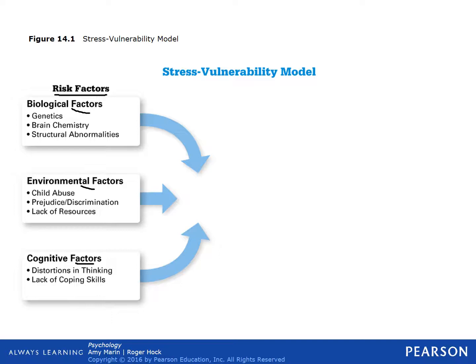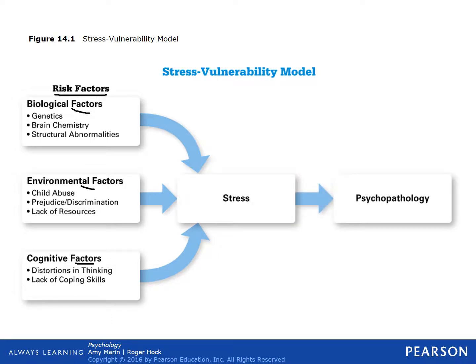We talked about those, but there could be other factors. We're in a situation where we're being abused, where we're being discriminated against, where we don't have money, food, home, or maybe we were born with, or we were led to have, distortions in thinking, where our thinking process is just not good, or we never learned how to cope with things.